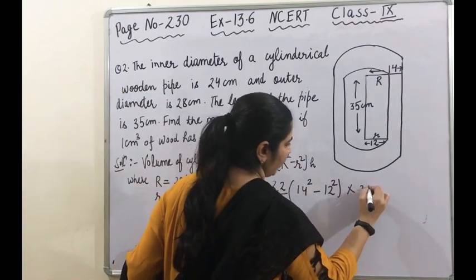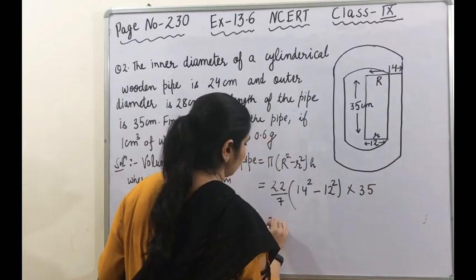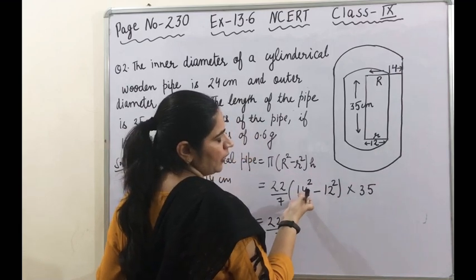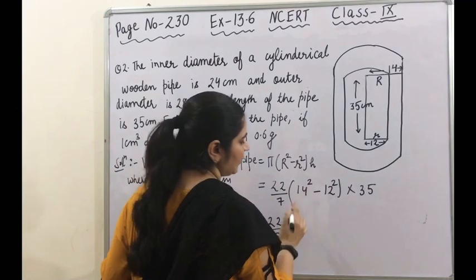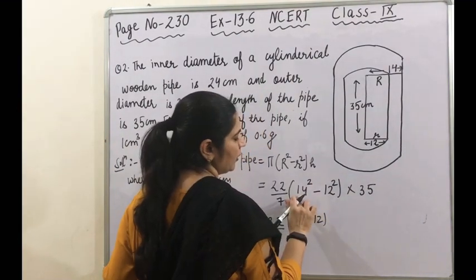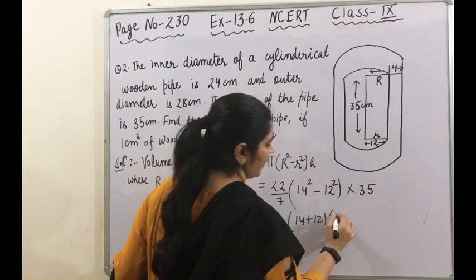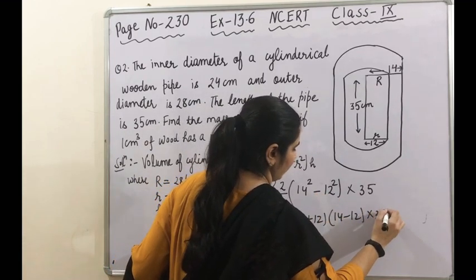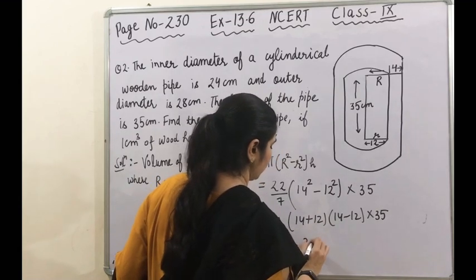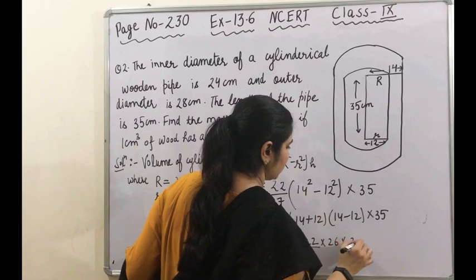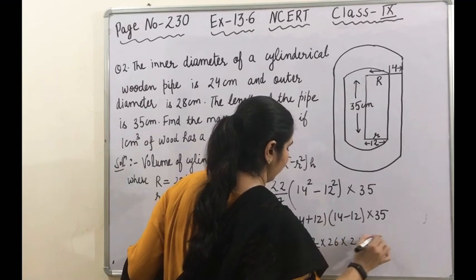You learned the identity a square minus b square, we'll apply the identity, calculation work will be easy for us. A plus b and a minus b multiplied by 35, which is equal to 22 by 7 into 26 into 2 into 35.